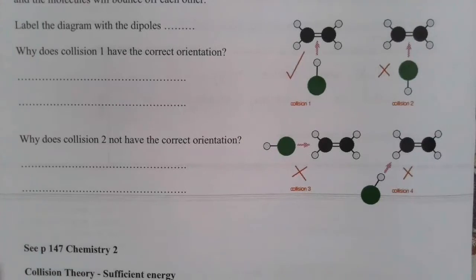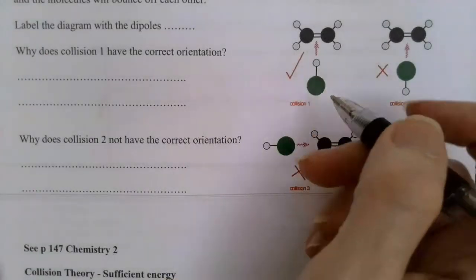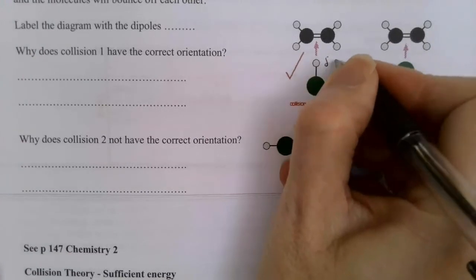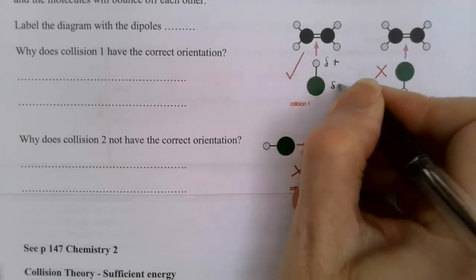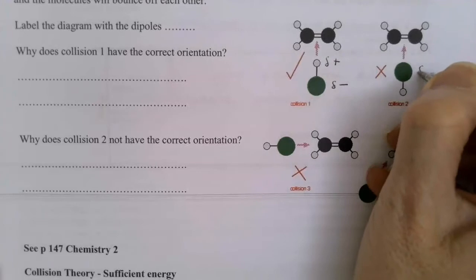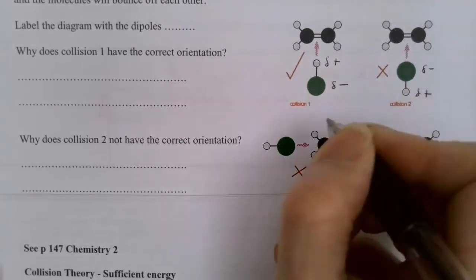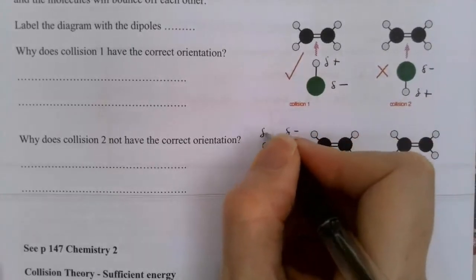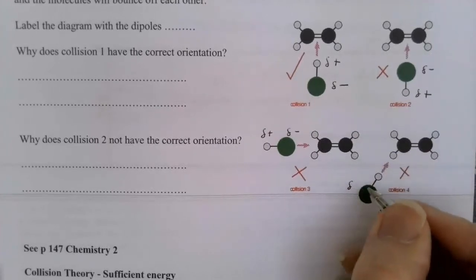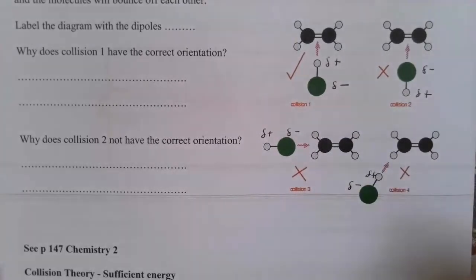So you've come across this mechanism before. It's the electrophilic addition mechanism of hydrogen chloride to an alkene, in this case ethene. So I've got the dipoles on here, so I've got my delta positive, delta negative, delta negative, delta positive. So I'm just going to put on my dipoles, delta negative, delta positive.